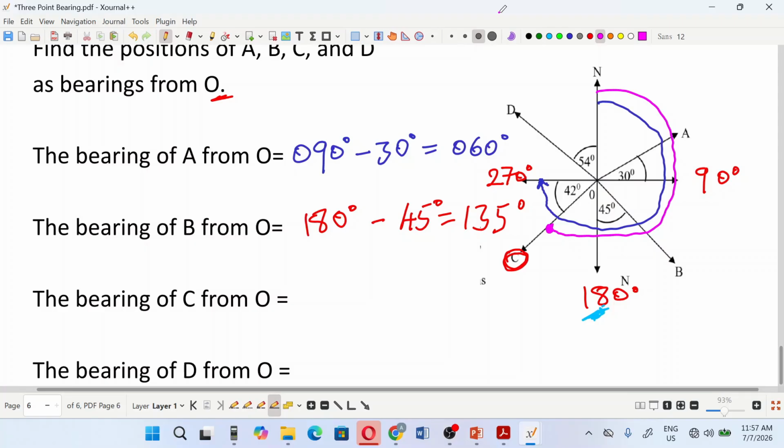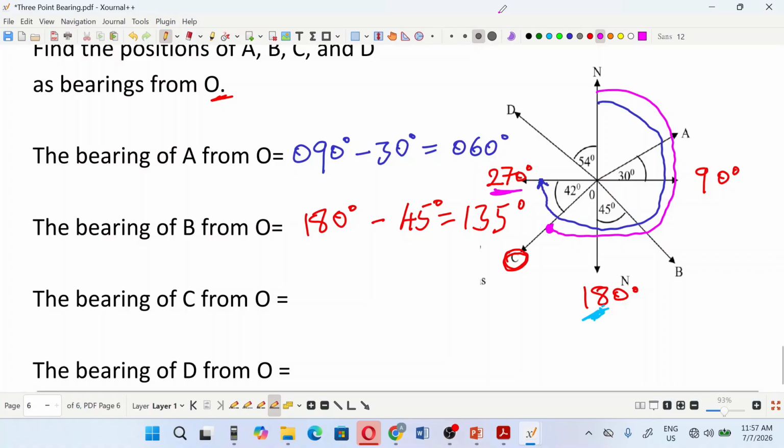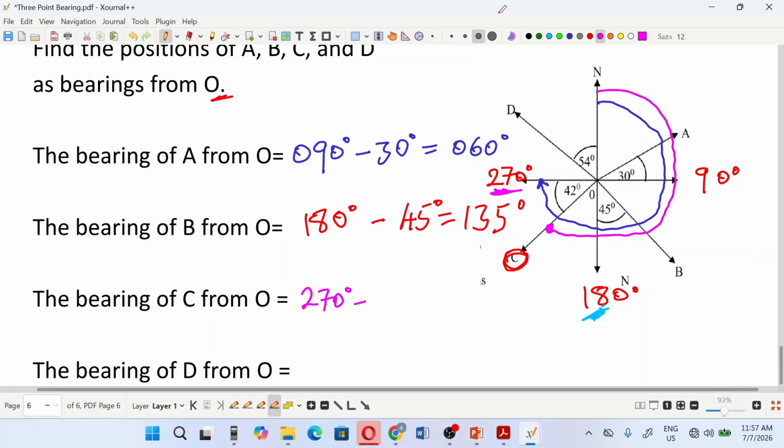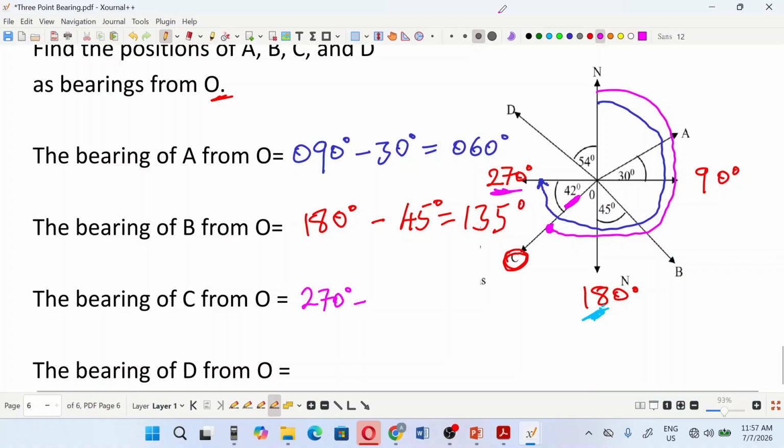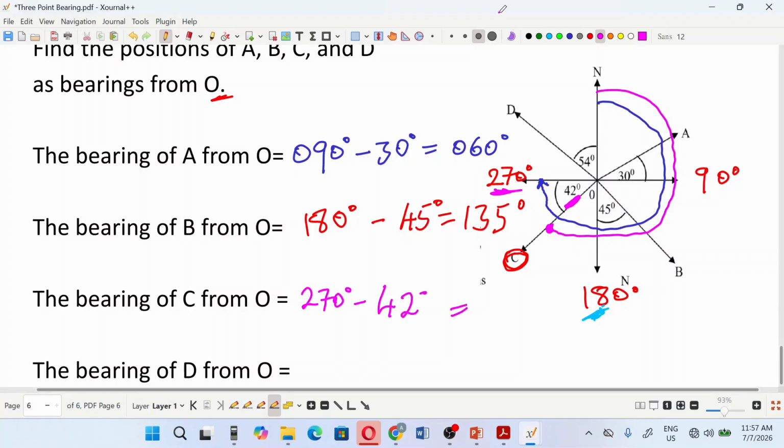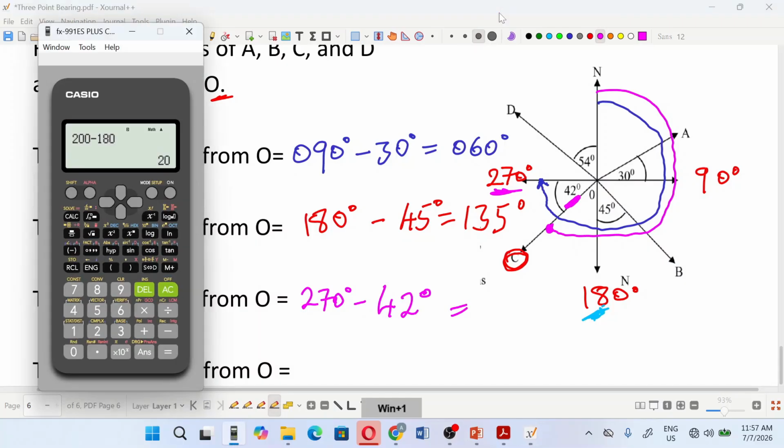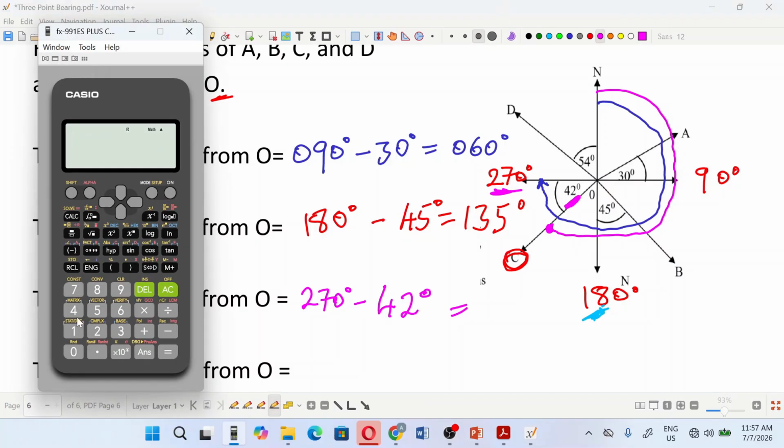Therefore, if I want that, then it's going to be 270 degrees, which is the total one, minus the part of it that has been taken, which is the 42 degrees, right? I just have to use that. It makes it much easier for you, right? So I already have 270 degrees minus the 42 degrees.